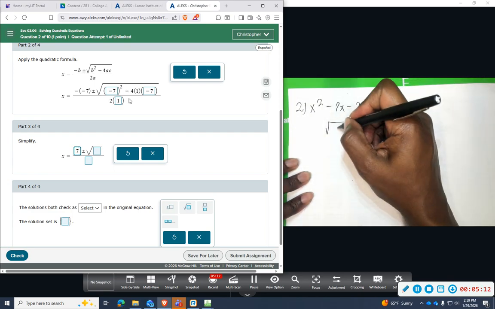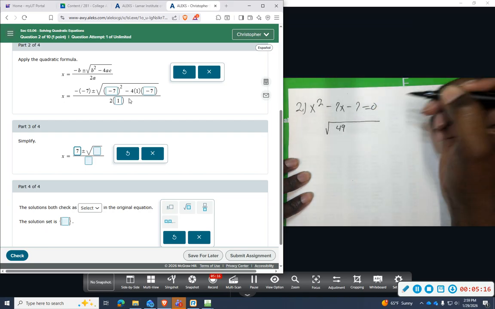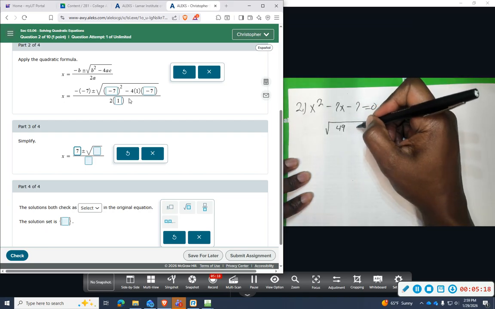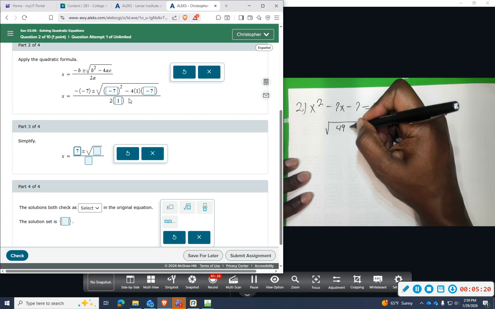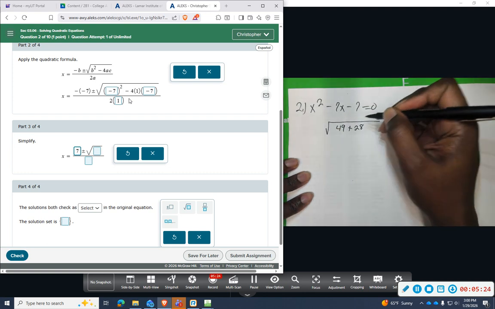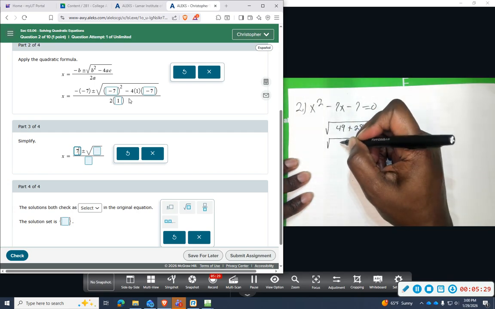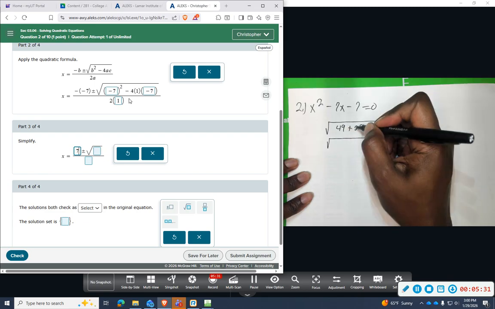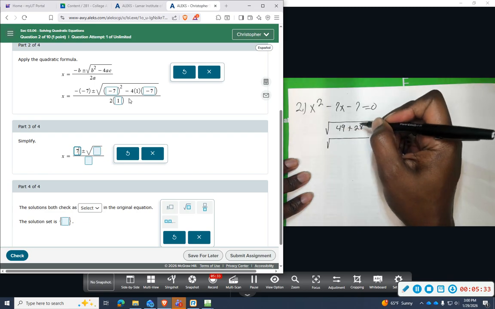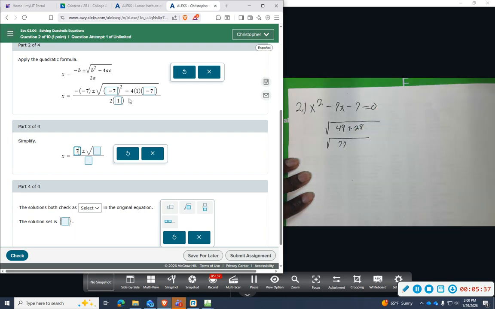So negative 7 squared is a positive 49, and then minus 4 times 1 times a negative 7 will give us a positive 28, and then when we add this, we get 77. So we get a 77 under the square root.